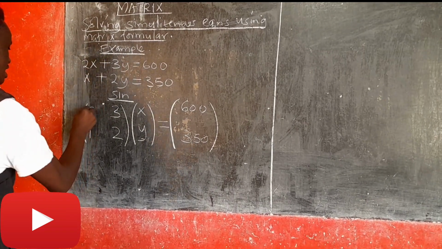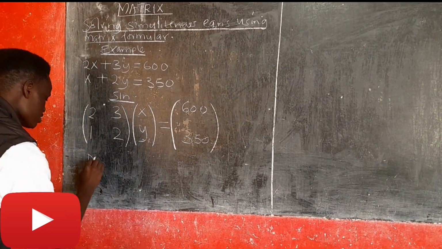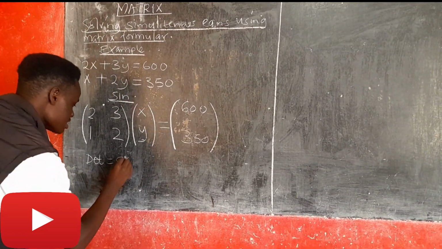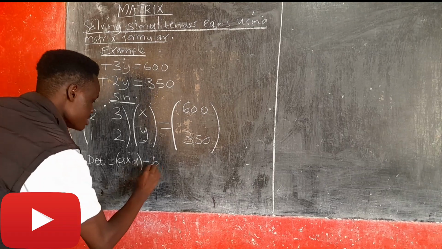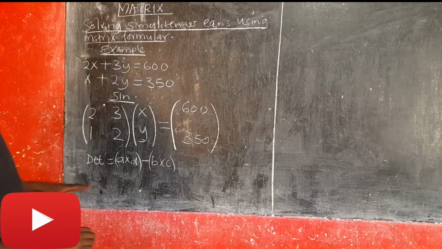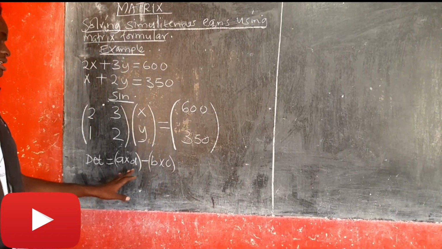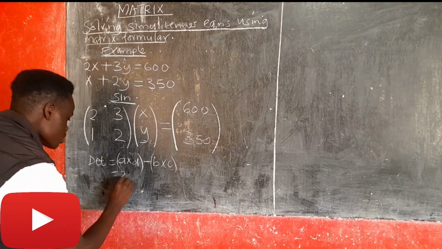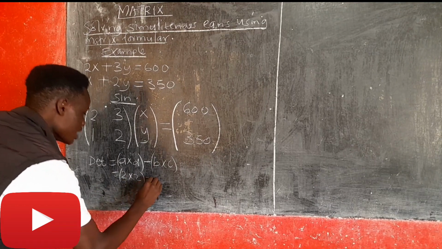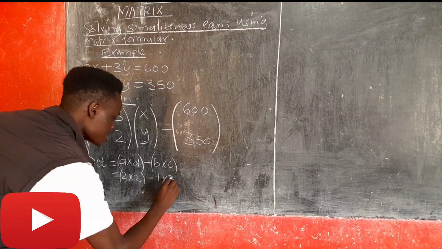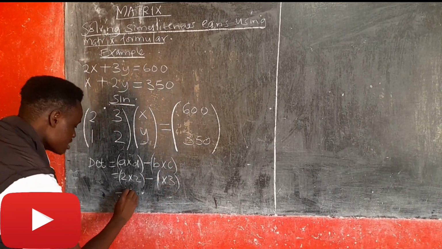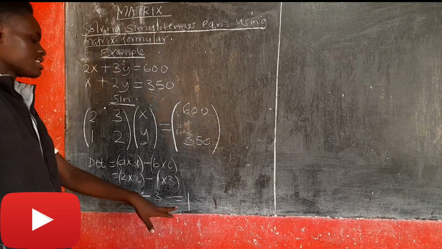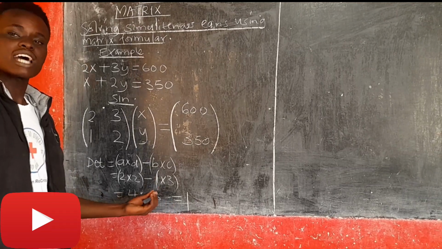Our A will be here for 2, so the determinant is A times D minus B times C, or the main diagonal minus the minor diagonal. That is 2 times 2, less 1 times 3, which is 4 minus 3, and we get 1. And this is our determinant.